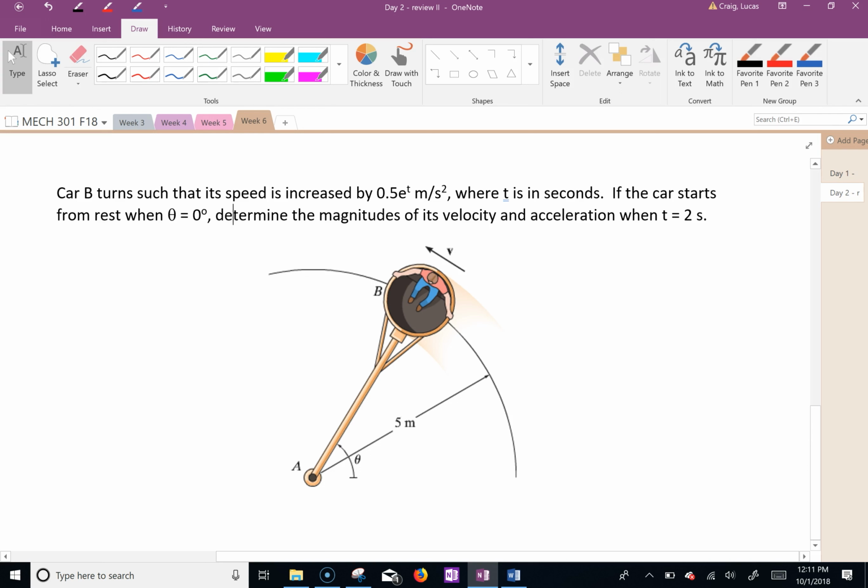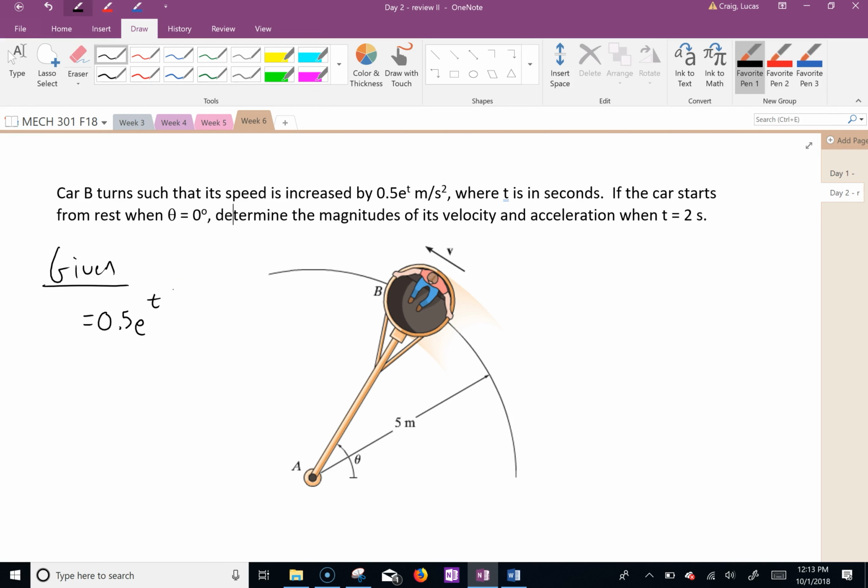All right, give me, what would be some givens? Acceleration. What type of acceleration are you telling me?